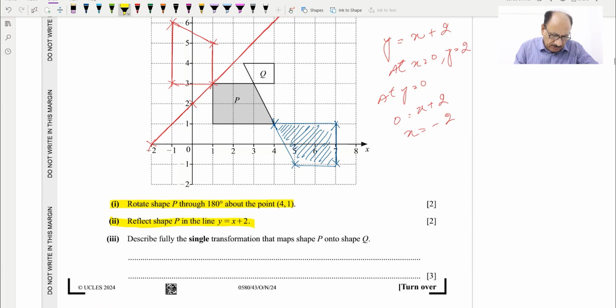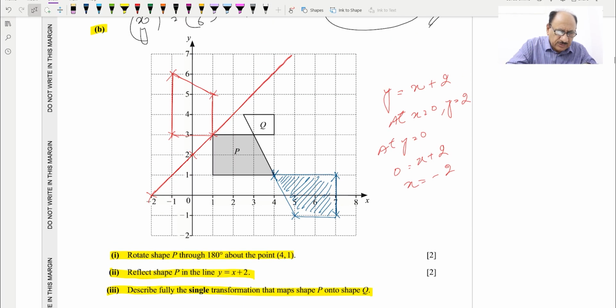Now the next part says describe fully the single transformation that maps P onto Q. If we check P onto Q, we will check for the center of enlargement first. So center of enlargement will be which one? It's basically this is the center of enlargement where these are intersecting.